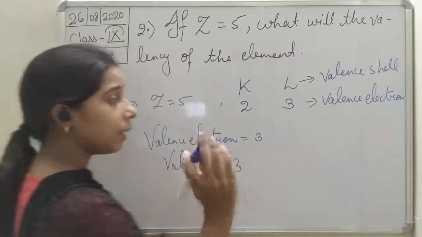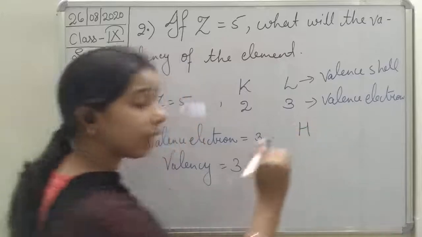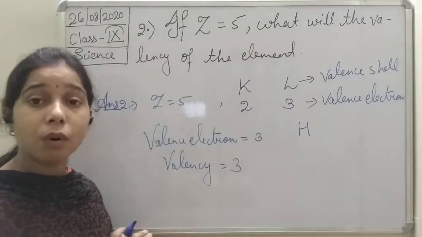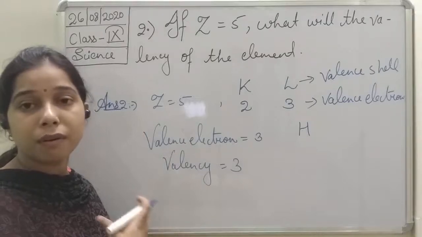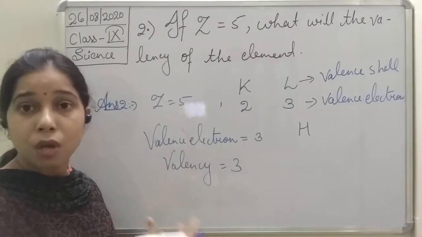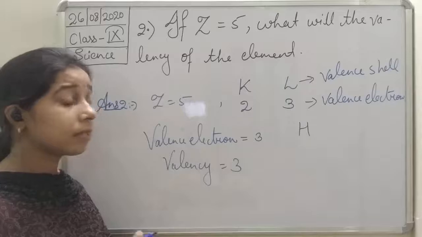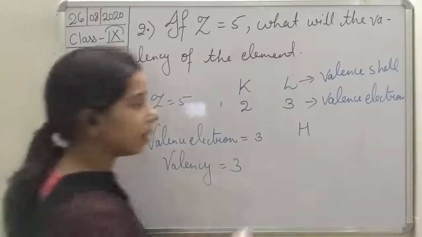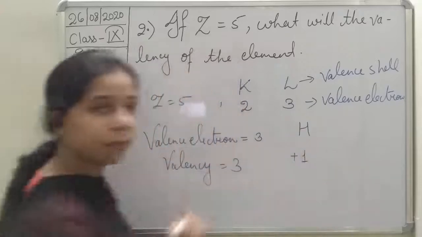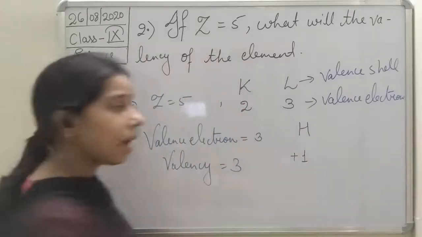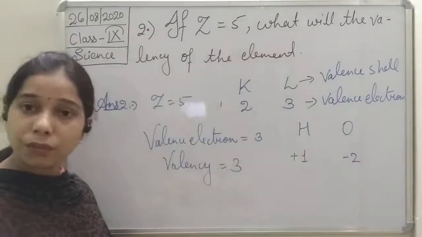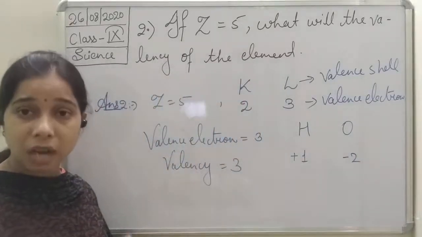So before that, in the previous chapter, water is a very easy example. In the case of water, how did we find the formula? We used to say that since the charge on hydrogen is +1, and in the case of oxygen the charge is -2, we used to see the charges.